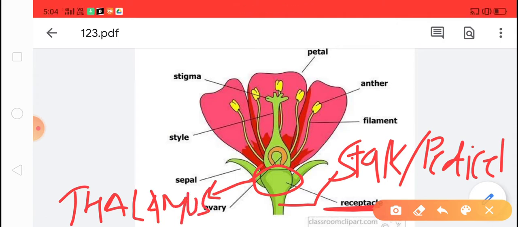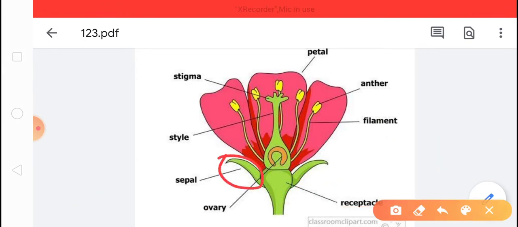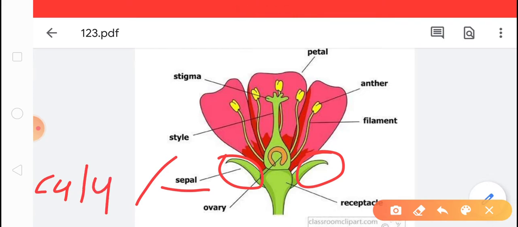The base of the flower is called the thalamus. The green leaf-like structures present at the base of the flower are called sepals. Another name for the sepals is calyx.